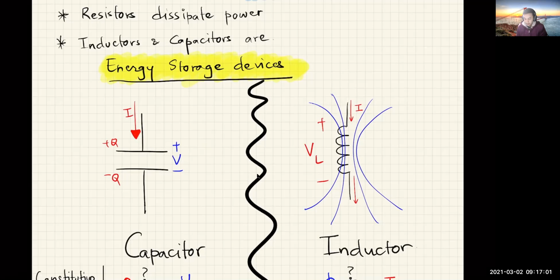Okay, and so the inductor stores energy in its magnetic flux as magnetic potential energy. So magnetic flux, let's call it phi b.